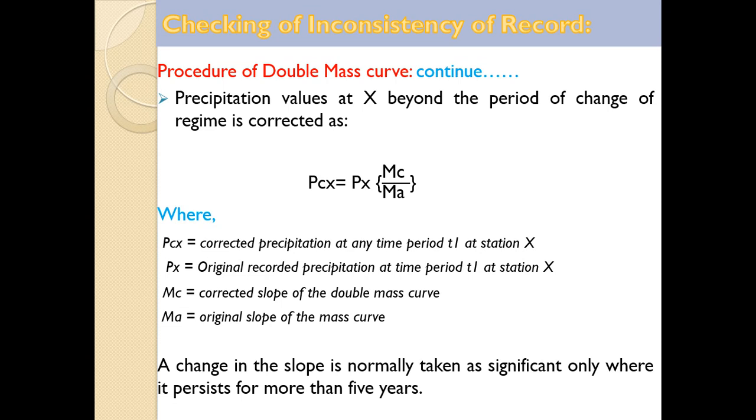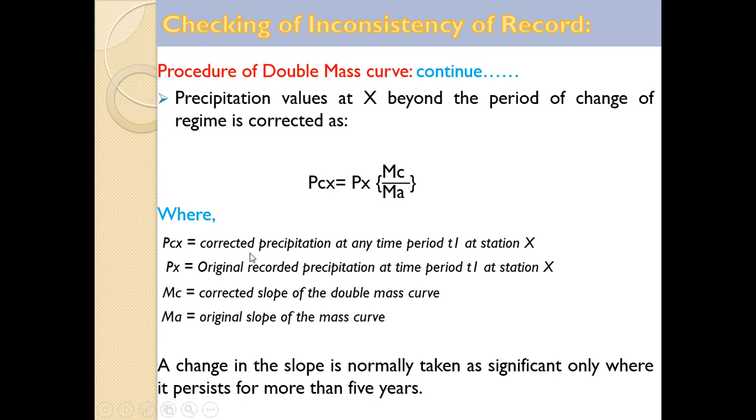So this is the relationship: PCX equals PX multiplied by Mc upon Ma. What is the relationship? PCX equals PX multiplied by Mc upon Ma.